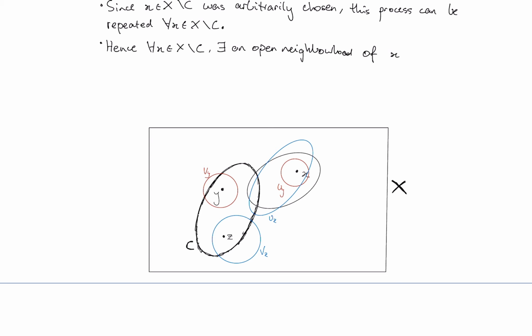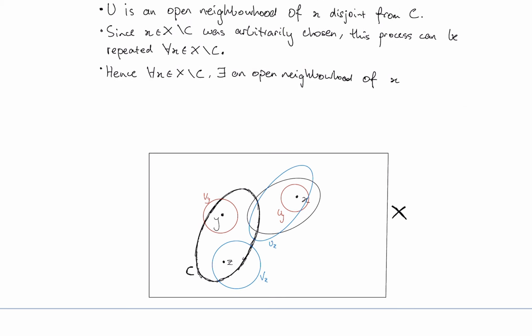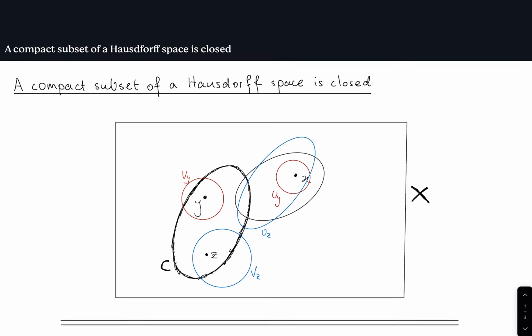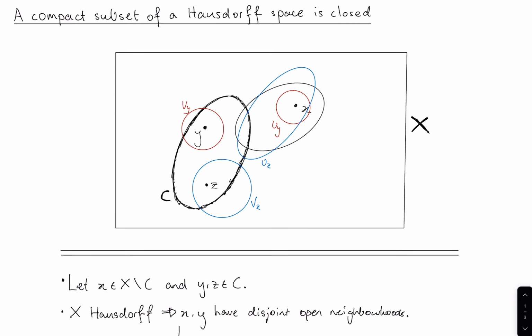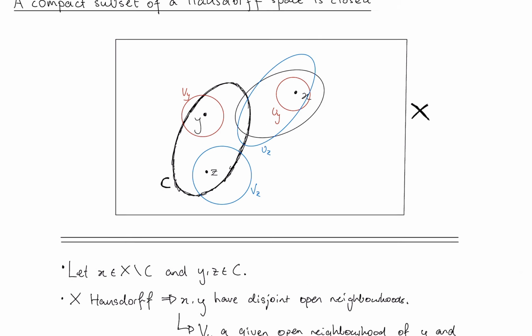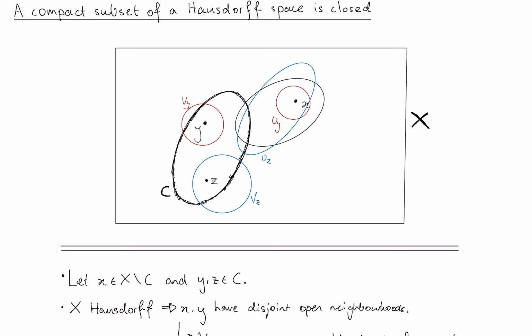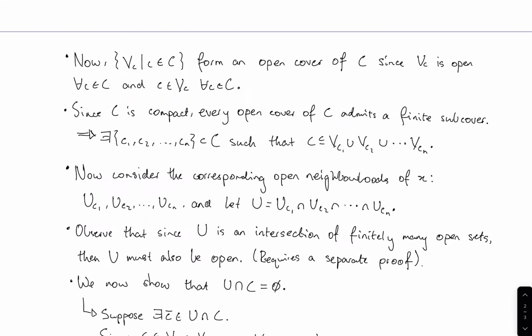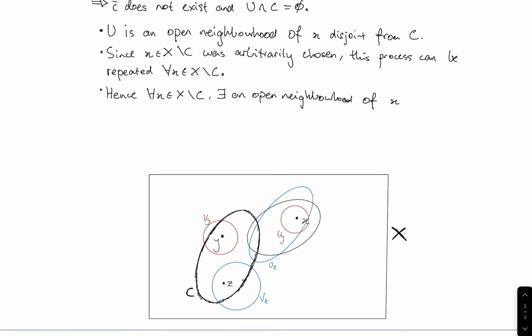So you could sense why we've done all of this. Because remember, it's easy to forget what we're trying to prove, but we want to show that this set C is closed, and a consequence of being closed is that its complement is open in the topology.